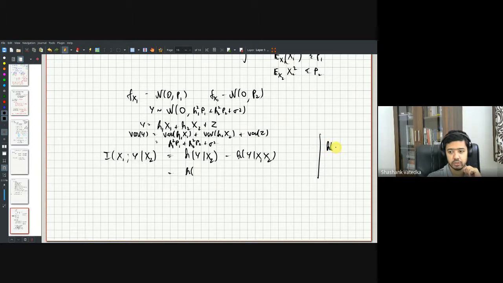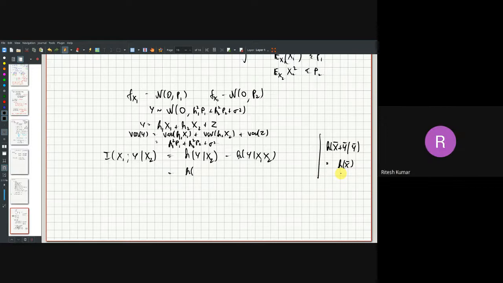If you have h of x plus y given, say, x bar plus y bar given y bar, what is this equal to? And x and y are independent of each other. This is equal to h of x bar, right?